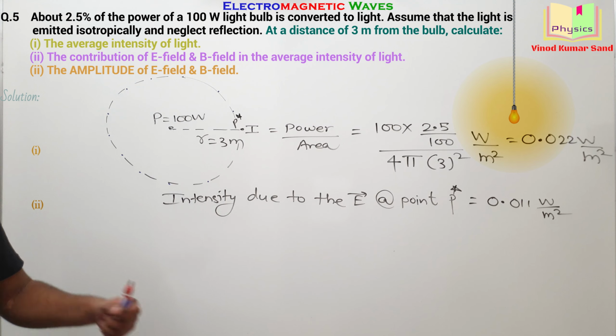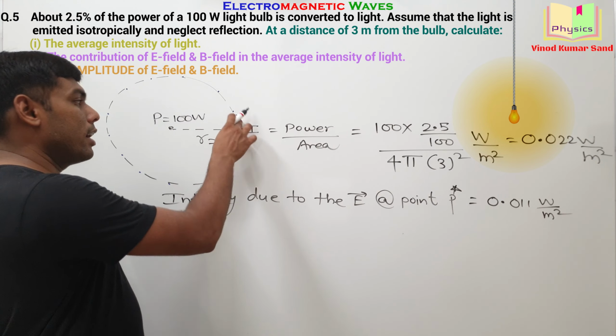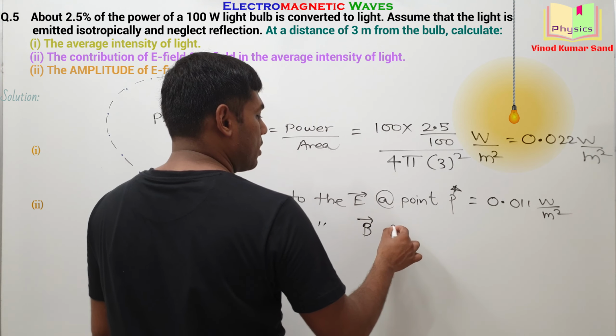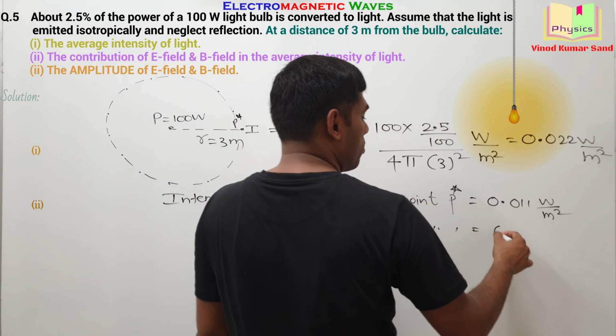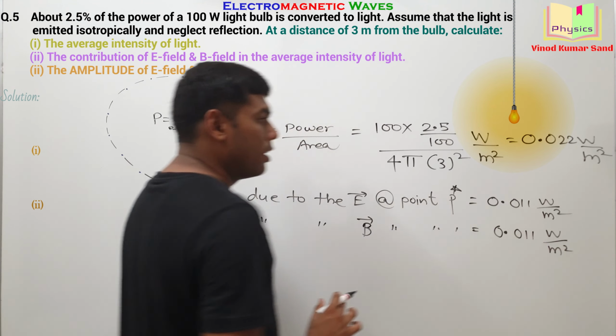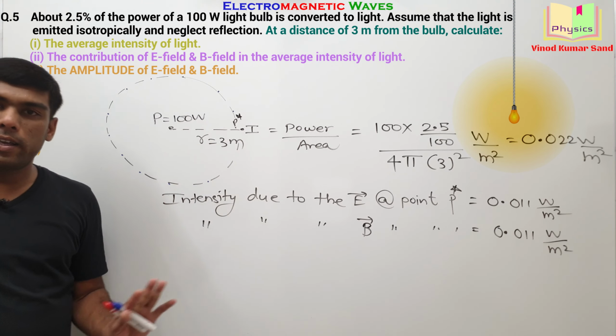And if you want to find the intensity at point P star due to the magnetic field, then your answer should be 0.011 watt per meter square. Both contribute equally here.